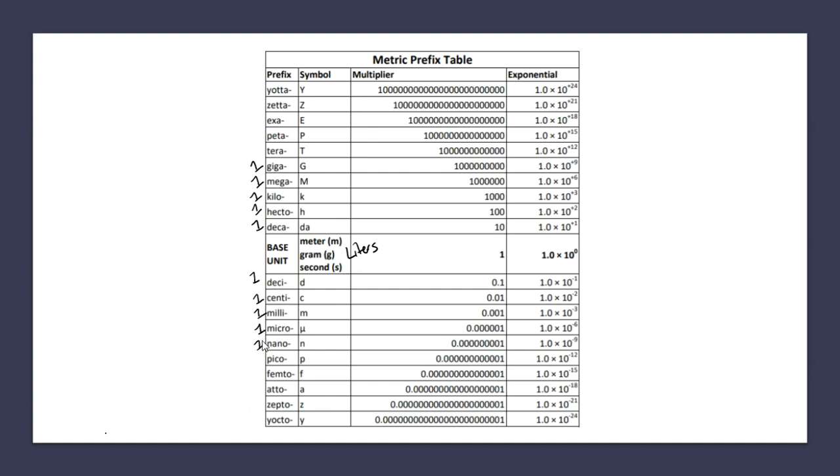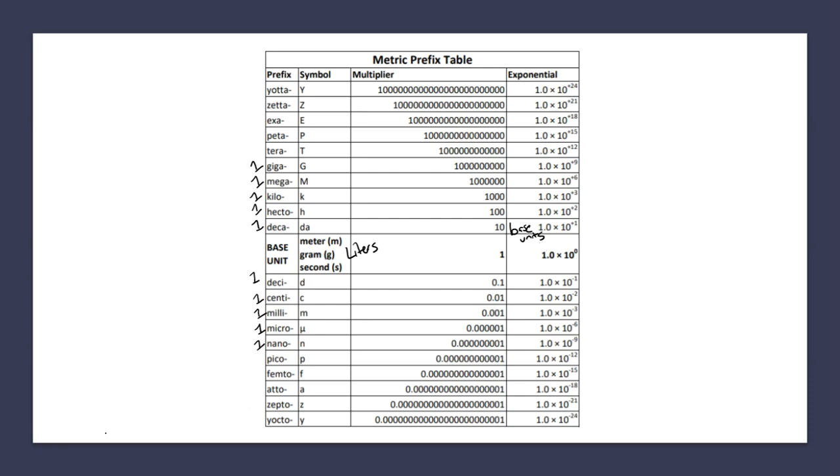The reason that I'm having you write a 1 next to them is so that you know that 1 of each prefix is equal to this many of the base unit. So 1 decameter is equal to 100 meters. I'm sorry, 1 decameter is equal to 10 meters. Here is just going to be whatever your base unit is.